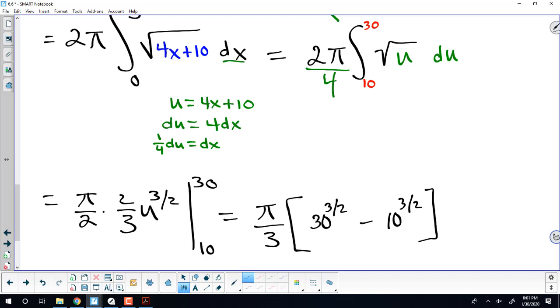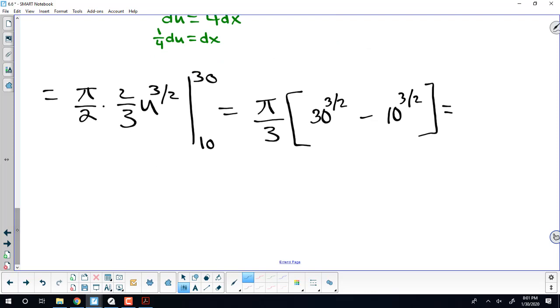So we'd either write this as an exact value or round. Just got to be careful.